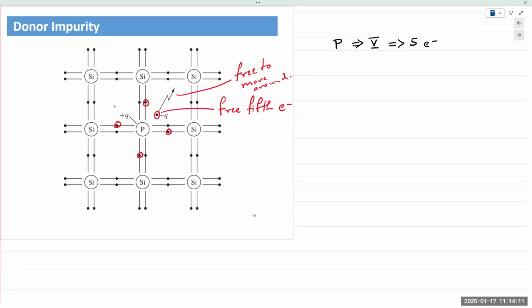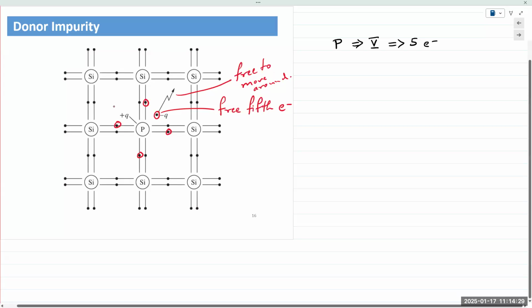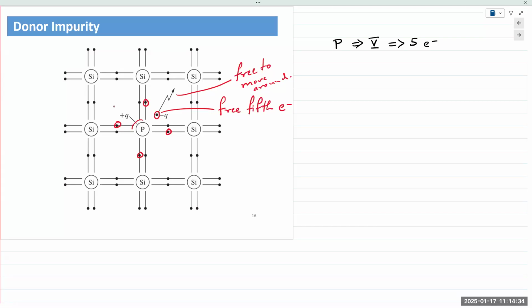An intrinsically generated electron, when it moves out of its spot, generates a hole, so we have an electron-hole pair. Here we have a free electron, but there is no hole to balance it out, physically speaking. The charge, however, electrically speaking, is balanced out by the positive charge inside that atom, or the nucleus of the atom. So electrically, it's charge neutral.